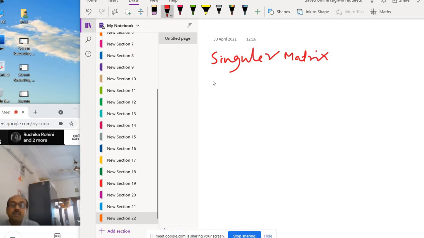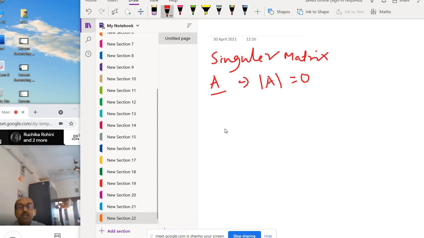If it is singular, that means its determinant value is equal to 0. This is the condition, you have to remember this. If the question is to find whether a matrix is singular, you have to find its determinant value. If the determinant is 0, then it is a singular matrix.